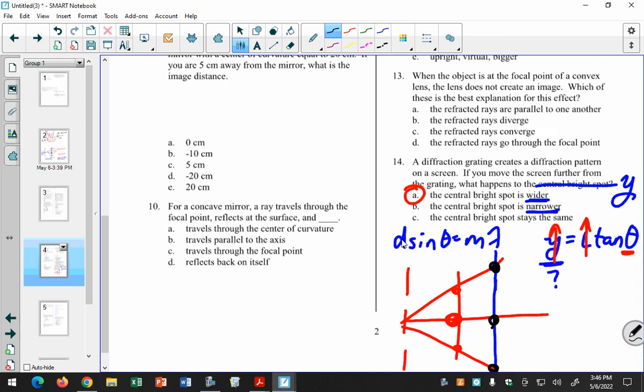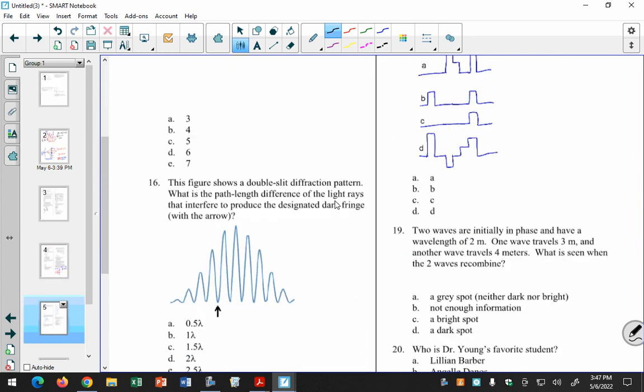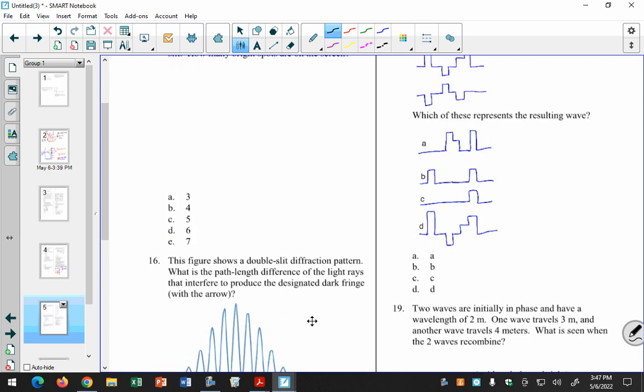The angle stays the same, but you're moving L out, so they spread out because they're diverging. Is that clear? Okay. And that came up, I think it came up a couple of times on your exam. Yeah, it came up again here.